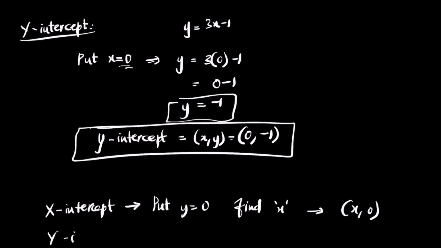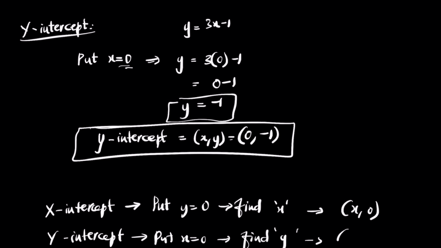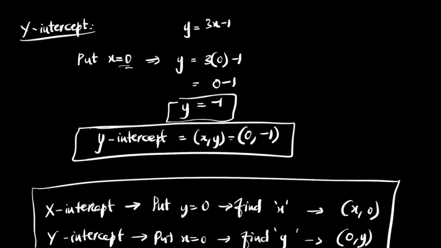When you want to find the y-intercept, put x equal to 0, find the value of y, and write the answer as 0 comma y. This is the method that we can use.